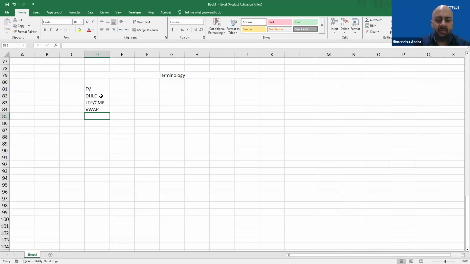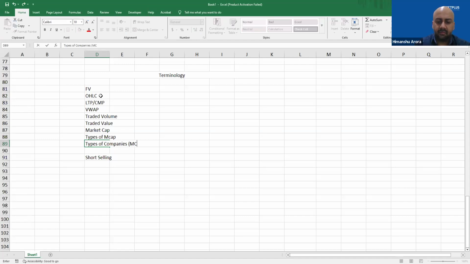Then the next term is traded volume. Traded value. Market cap. Types of market cap. Types of companies based on market cap.